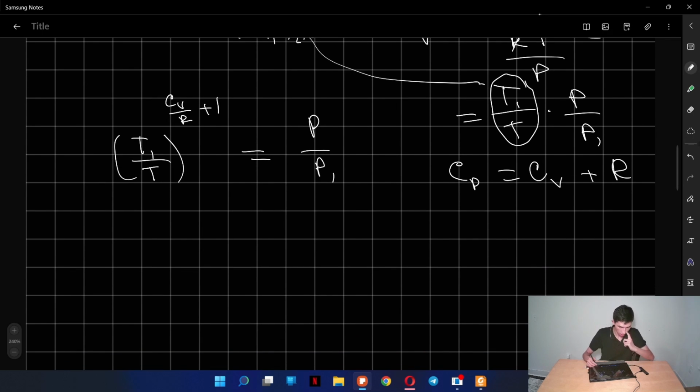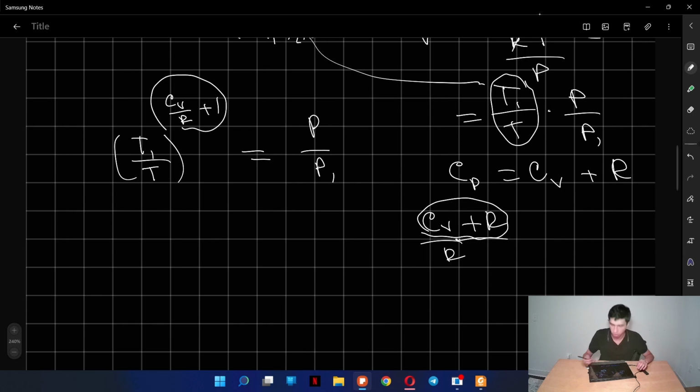If I consider only this power, Cv over R, and multiply both terms by R, giving the common denominator, I can replace this part by the specific heat at a constant pressure. So it's just going to be Cp over R.